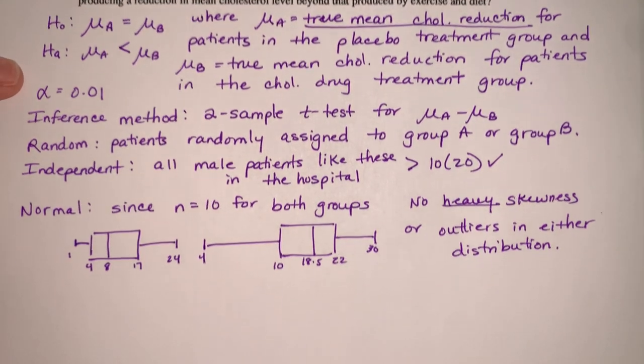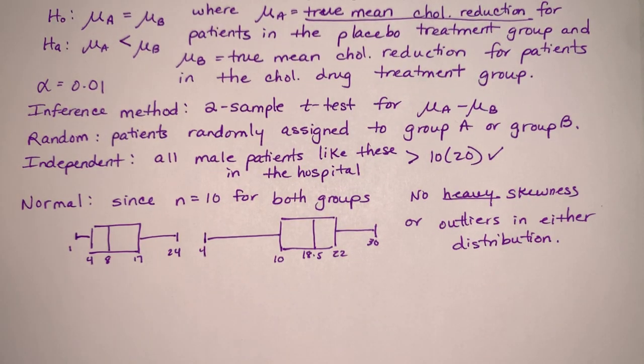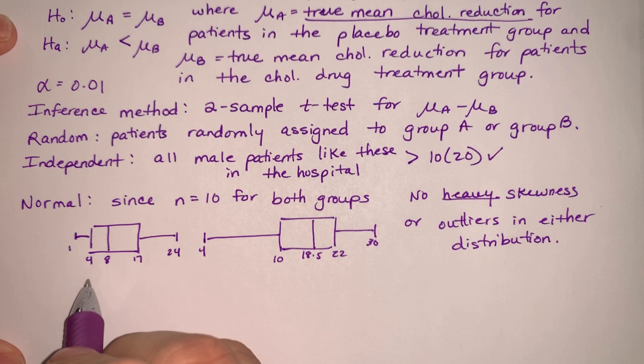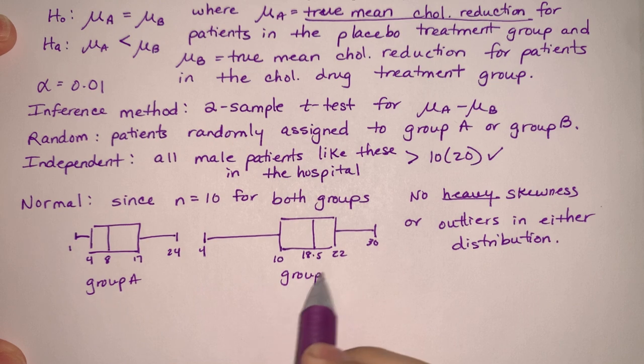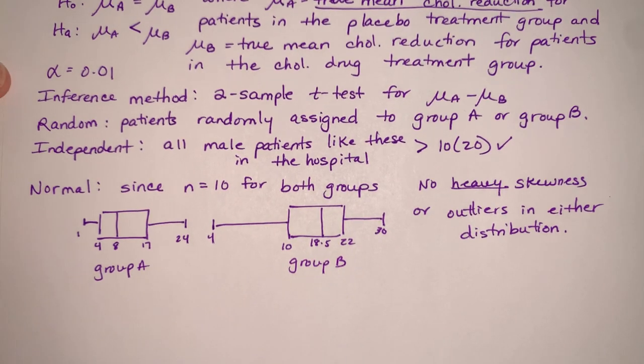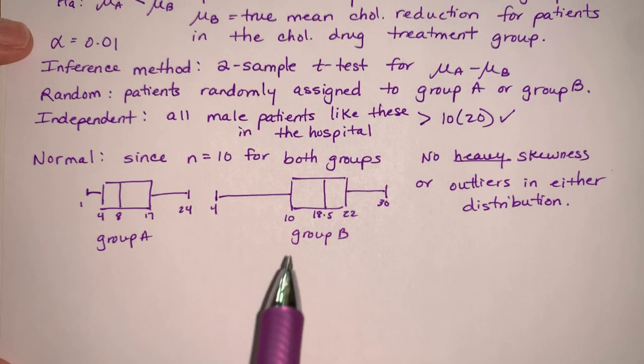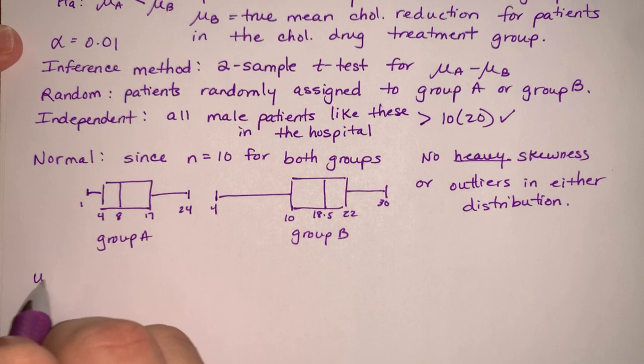All right, so with that, we're good to go. I should probably label this as group A and group B. There we go.